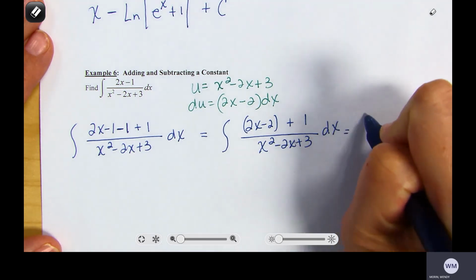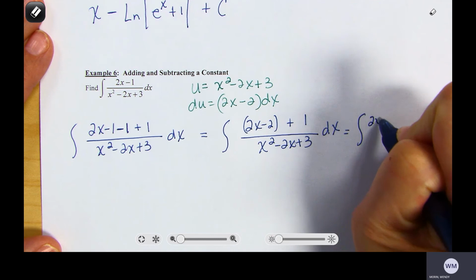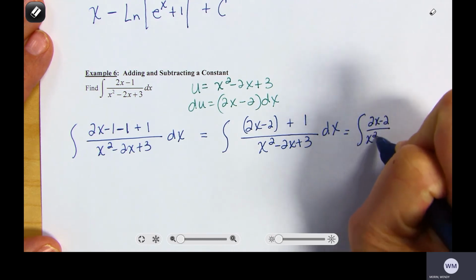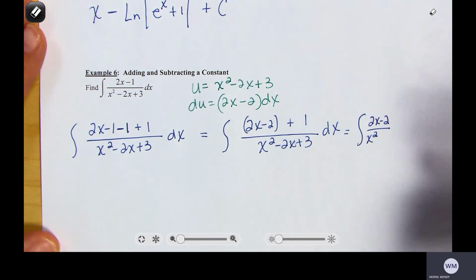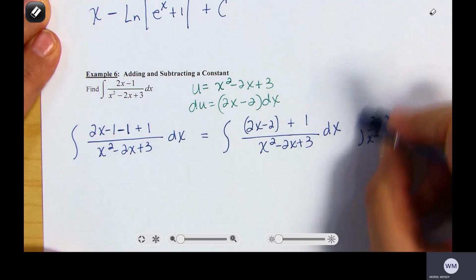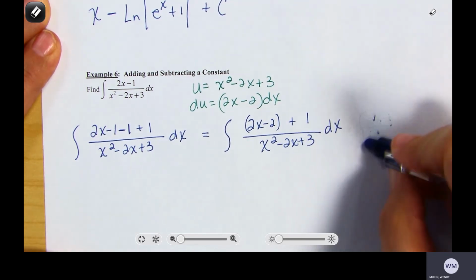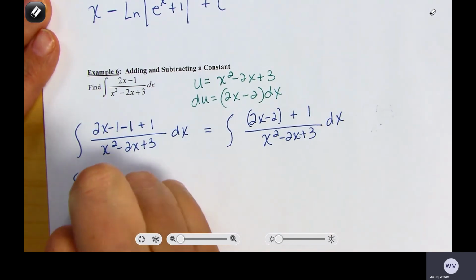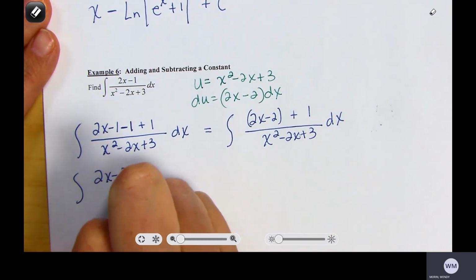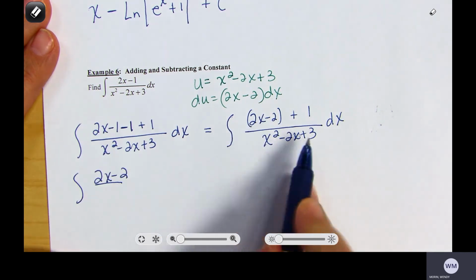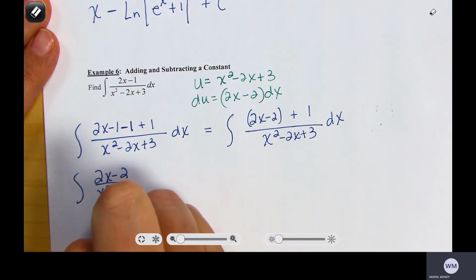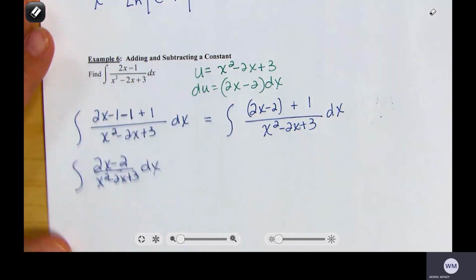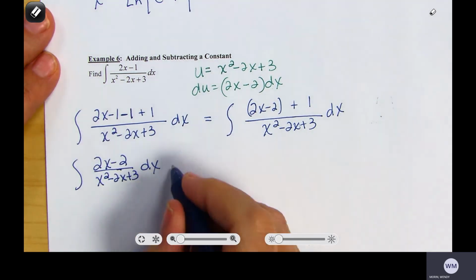So I would get 2x minus 2 over x squared. I'm going to run out of room, so I'm going to go to the next line. I can take my 2x minus 2 divided by my common denominator of x squared minus 2x plus 3 as my first problem.